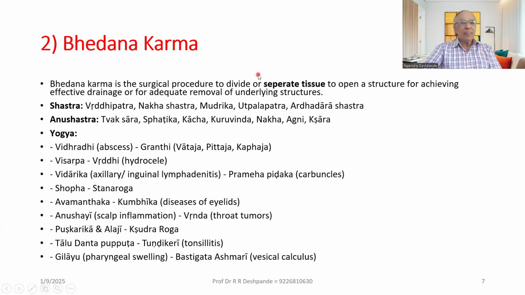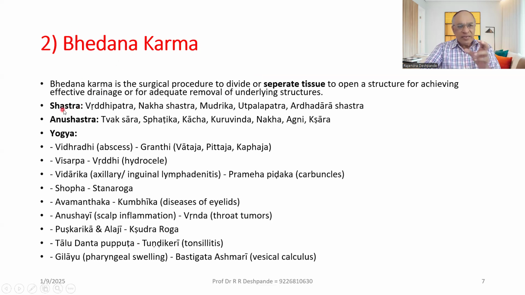Let us move further. Now we are talking about Bhedana Karma. Bhedana Karma is the surgical procedure to divide or to separate the tissue to open a structure for achieving effective drainage or adequate removal of the underlying structures. Which instruments are we going to use for Bhedana Karma?